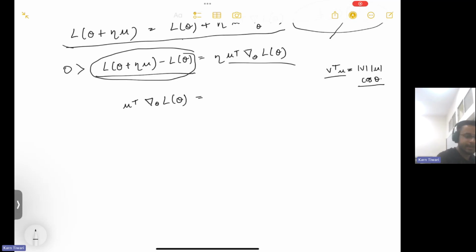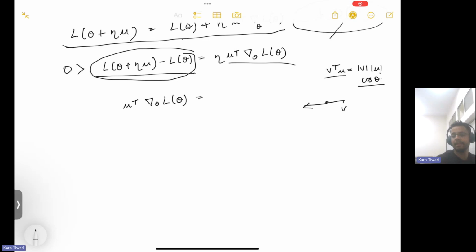And the maximum value it can attain depends on the angle between these two vectors. The product will be maximum when both of them are aligned in the same direction, and minimum when they are aligned in opposite directions. So if v is in this direction, u should be opposite, and in that case cos theta will be negative.